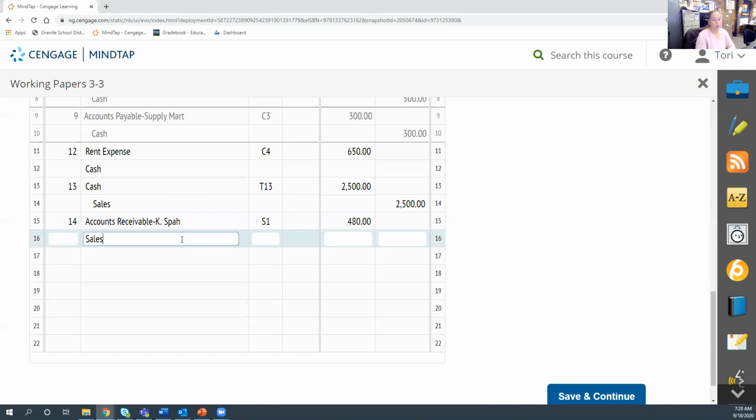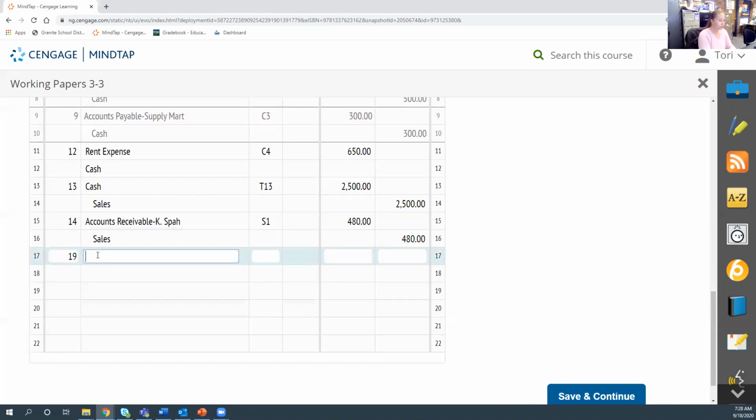And sales is credited. For the most part, sales will always be credited until we hit like chapter 8 and we close them out. So just know if it's anything to do with sales, sales will always be credited until chapter 8 when we do something different.